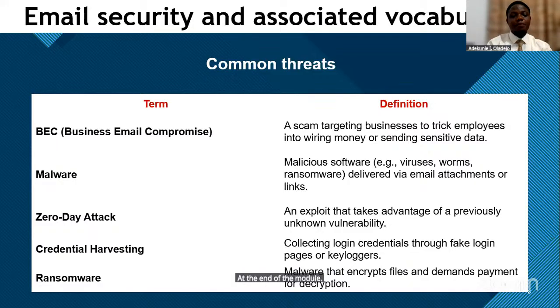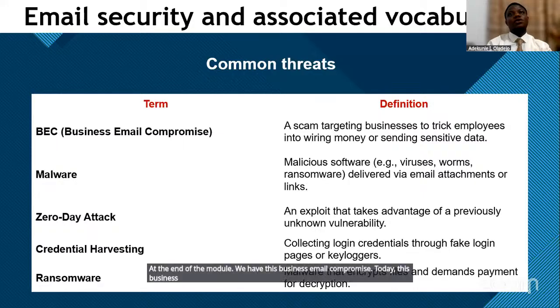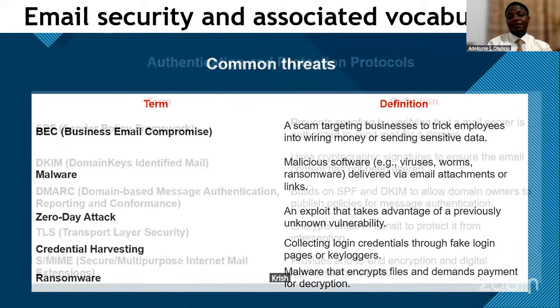We have BEC, business email compromise. Today, business email compromise forms a major part of email threats in the world, and is gulping so much in terms of money and losses. God spare us from that. Malware, zero-day attack, credential harvesting, and ransomware.